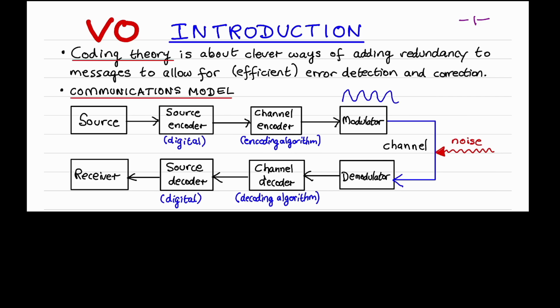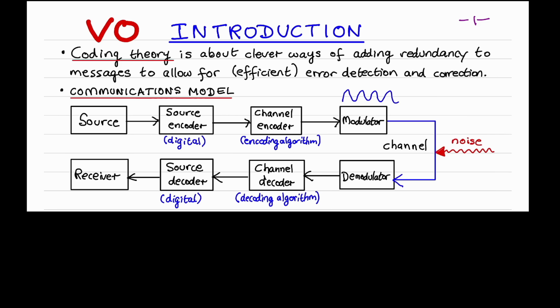This is our basic communications model that we'll use throughout the course. We have a source of data. The data could be voice or text, or maybe a satellite transmitting messages back to Earth. The source encoder transforms the messages into some digital format, usually binary.